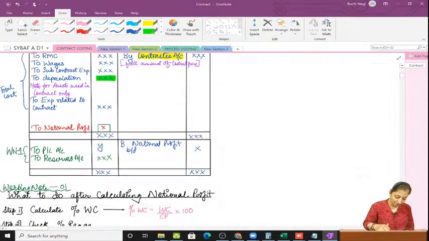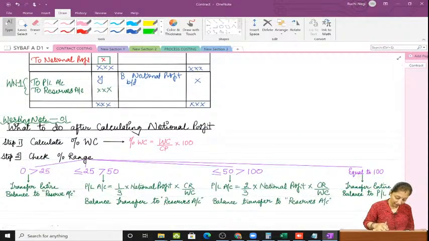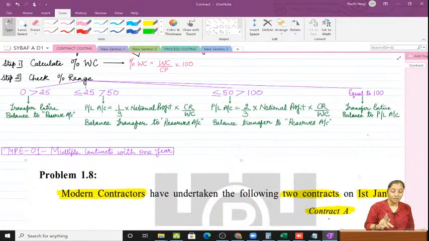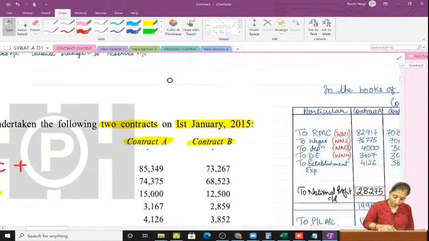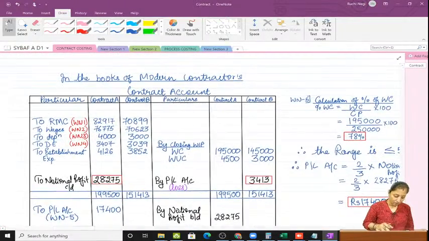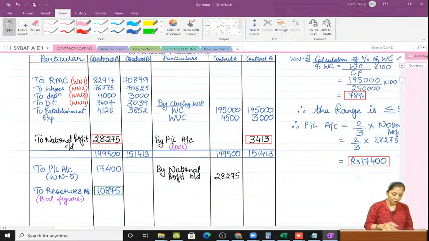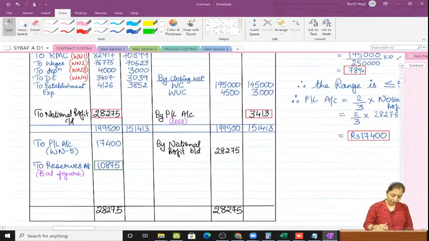Multiple contract sums means where there will be more than one contract and the time period will be 1 year. Like this, there are two contracts, contract A and contract B, and it is for a period of only 1 year.